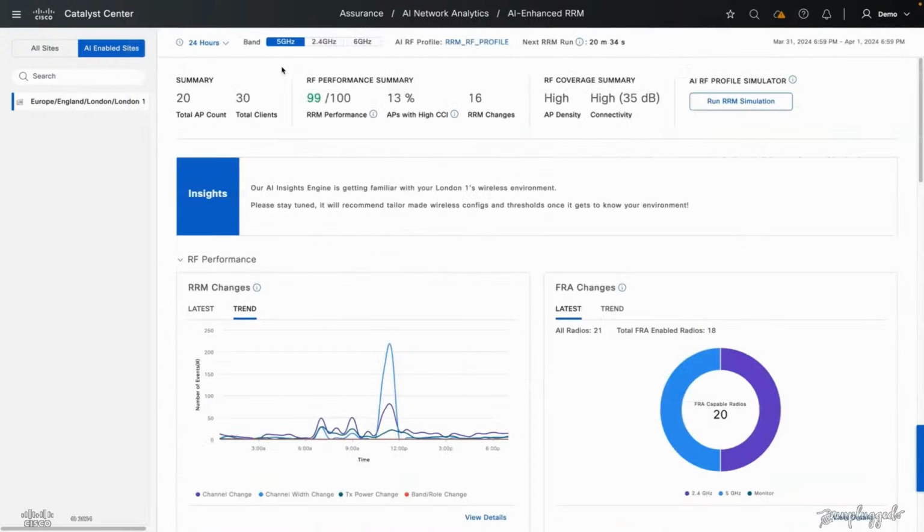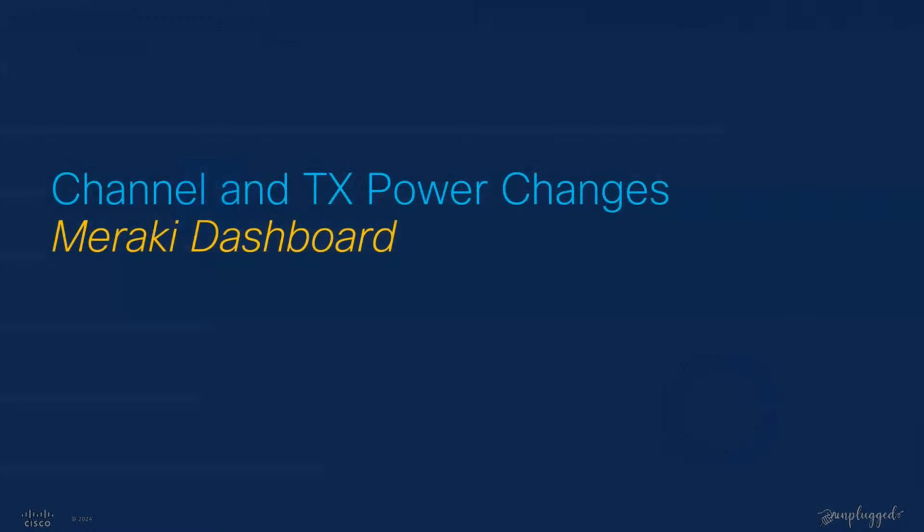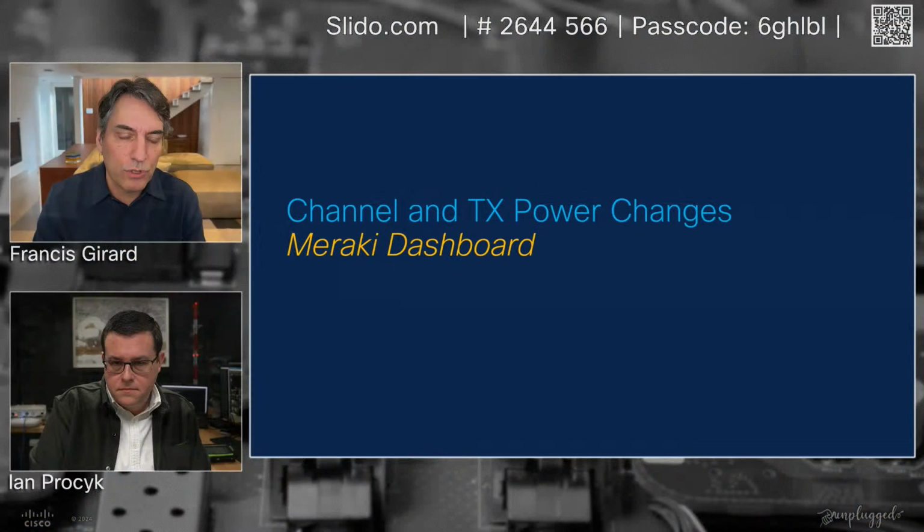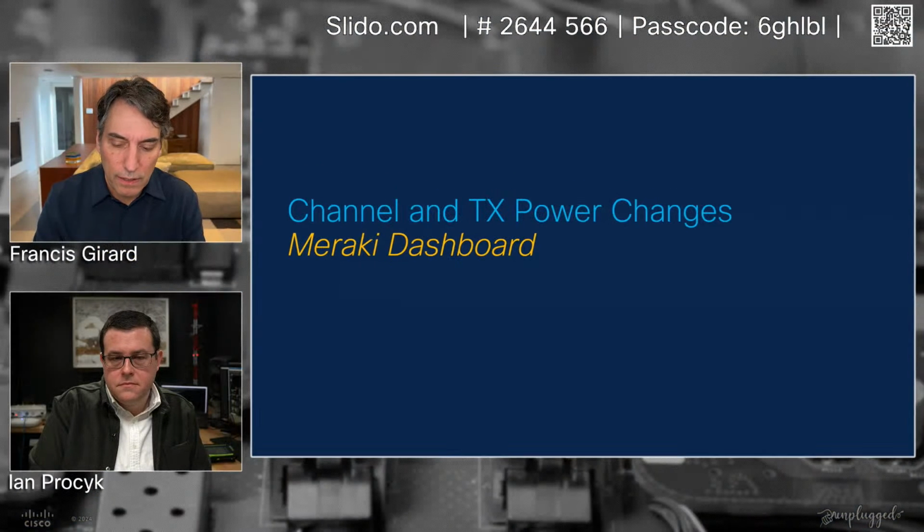So that's going through directly in Catalyst Center. Pretty nice dashboard that we've introduced more recently for this, that gives you an overall view of how you're doing. So strongly for those of you that are using Catalyst Center and haven't started to adopt AI RRM, certainly recommend you doing this.